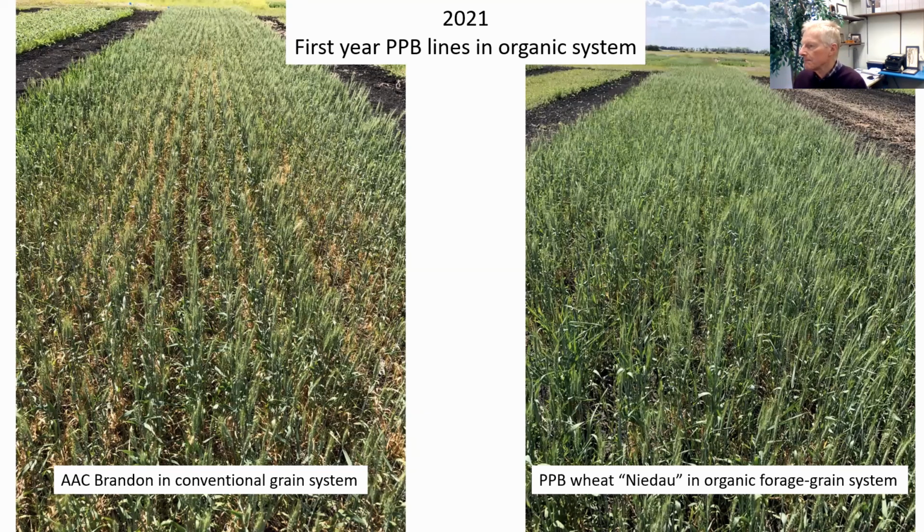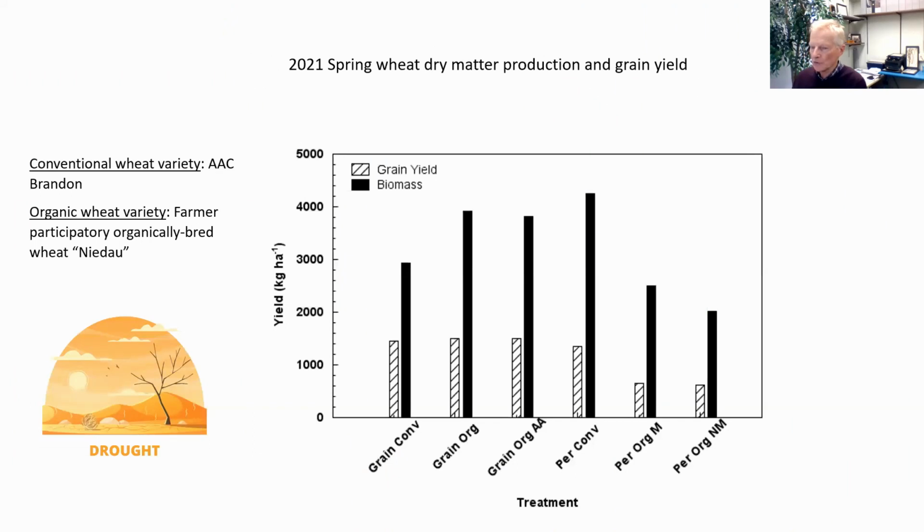And if we look at the yields under these really stressful conditions, they're shown here. The black bar is the total biomass that they produced, and the hatched bar is the grain yield. And what we found is that where we grew wheat after alfalfa, especially under organic, we had very low yields because we had no water.